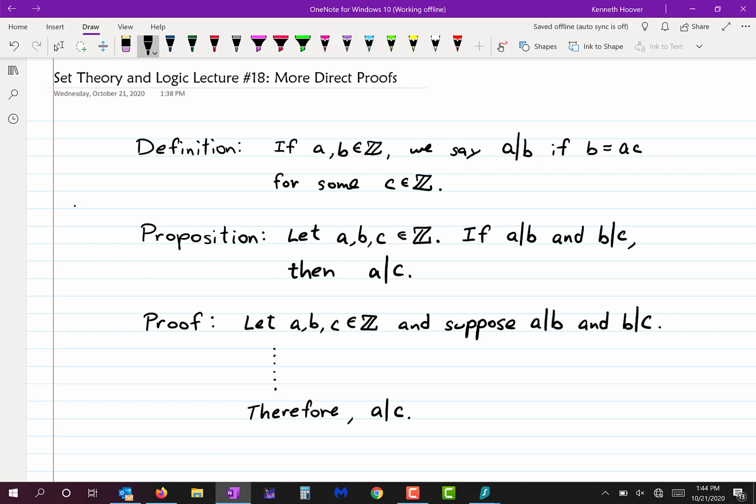Okay, now how am I going to show that a divides c? Well, the only thing I have to go by is the definition of divides. So I'm going to show that a divides c by showing that c equals a times an integer. Do you agree with that? The penultimate line, which means the one before the last, is going to be saying that c equals a times an integer.